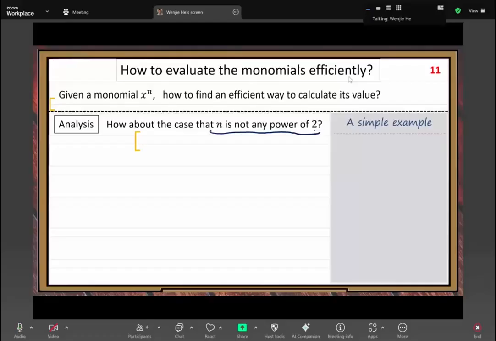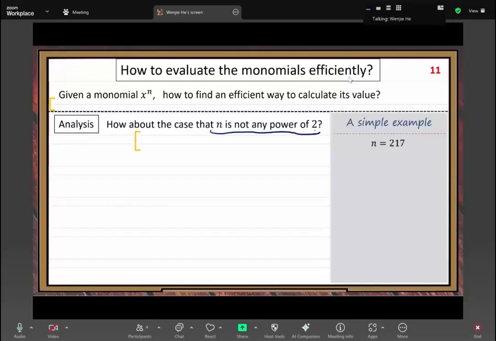All right. Here, I select n equals 217. Not a power of 2. But we can represent it using powers of 2, as a sum of powers of 2, right?